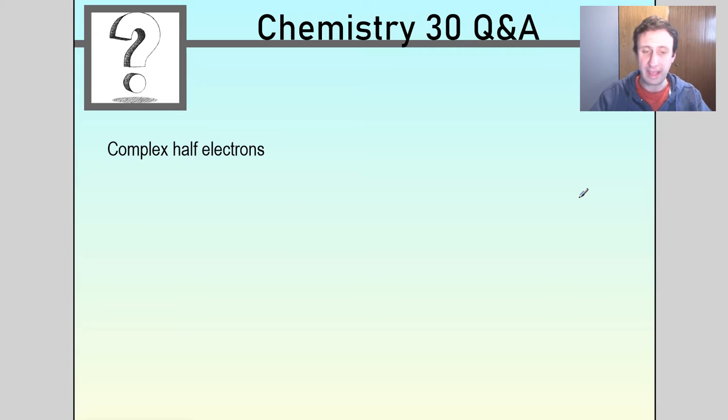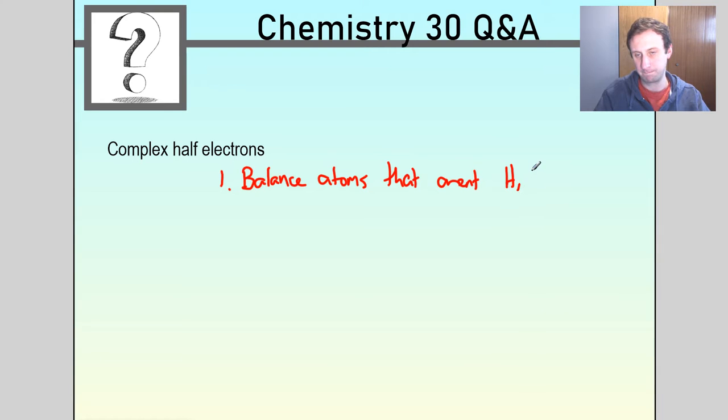So as I said in the video, you're always going through the same 3 steps. First of all, you are going to balance the other stuff. Balance atoms that aren't H and O. Leave the H and O for last.